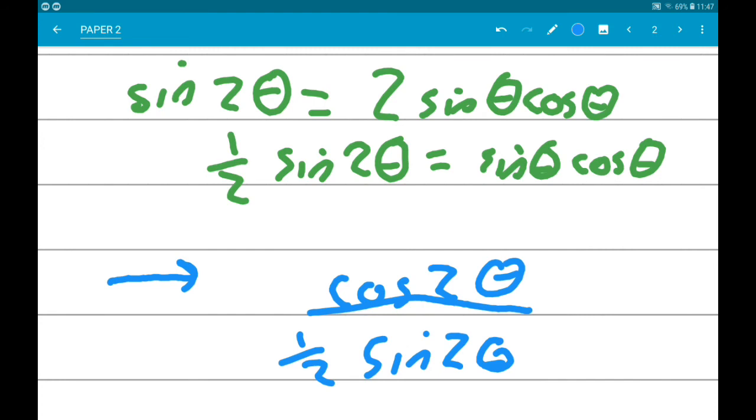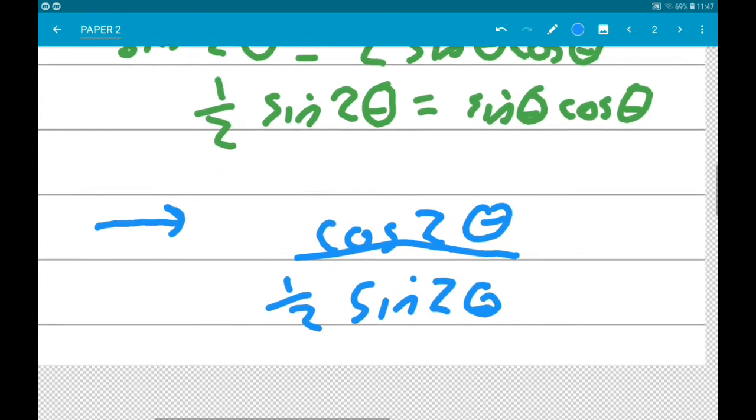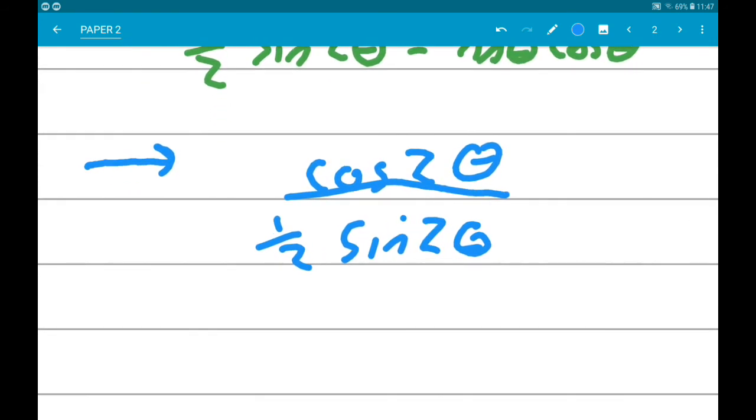Now, dividing by 1/2 is the same as multiplying by 2, and cos over sine is cot. So this is 2 cot 2 theta.